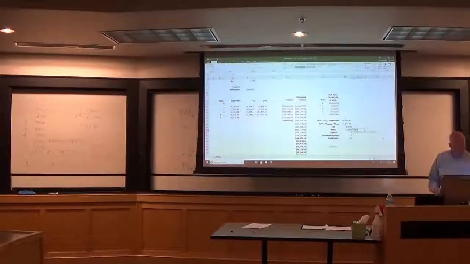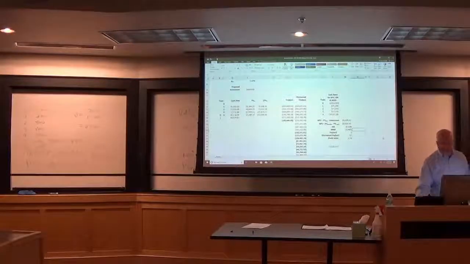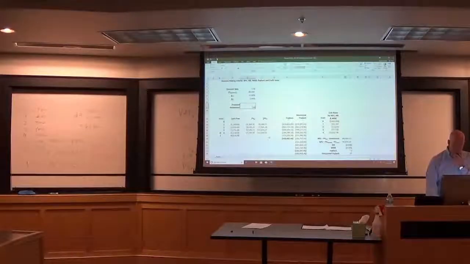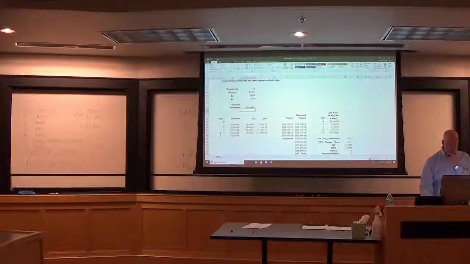Okay? And here you can see that in this case, the internal rate of return is slightly greater than the modified internal rate of return because the internal rate of return is modestly flawed. Let's look at this a little bit differently. What if I actually paid $544,699 for the investment?